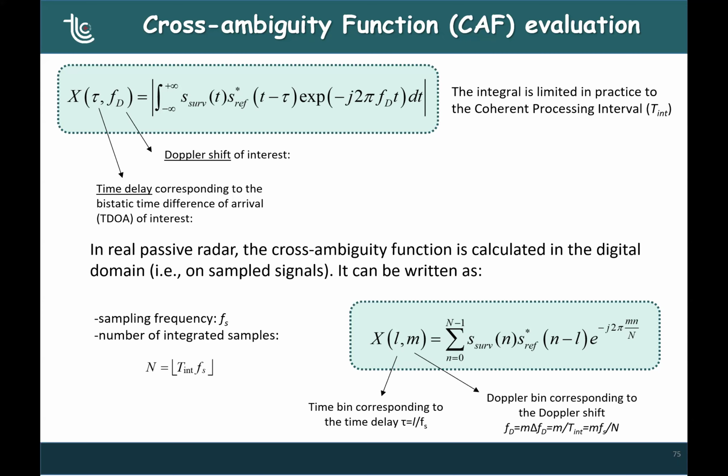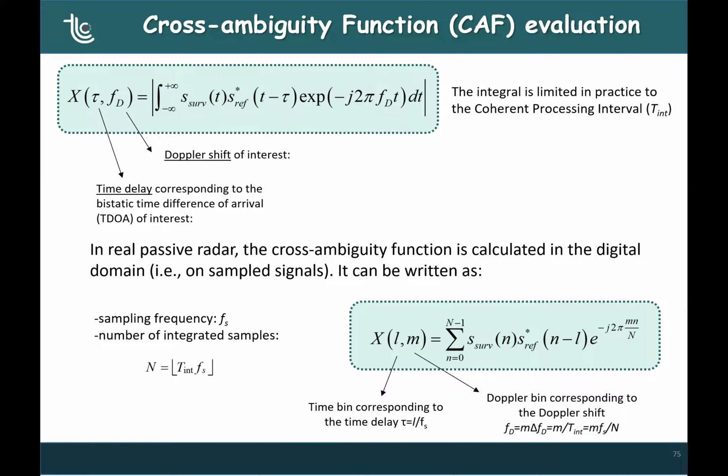So the calculation of the cross-ambiguity function is not done in the analog domain, but of course in the digital domain. So we use the sampled signals. It means that before building the ambiguity function, the analog signal has been sampled.